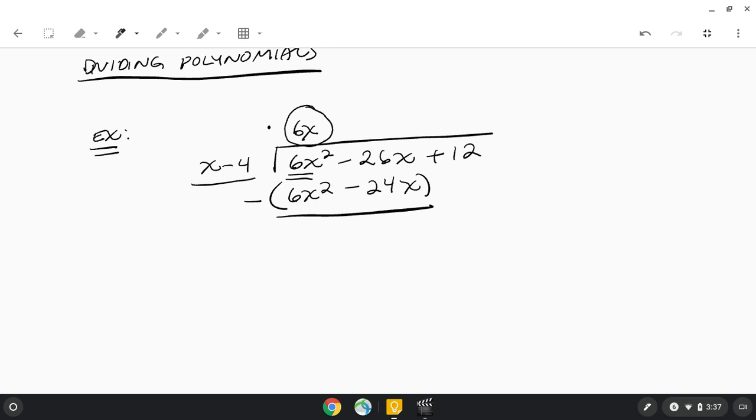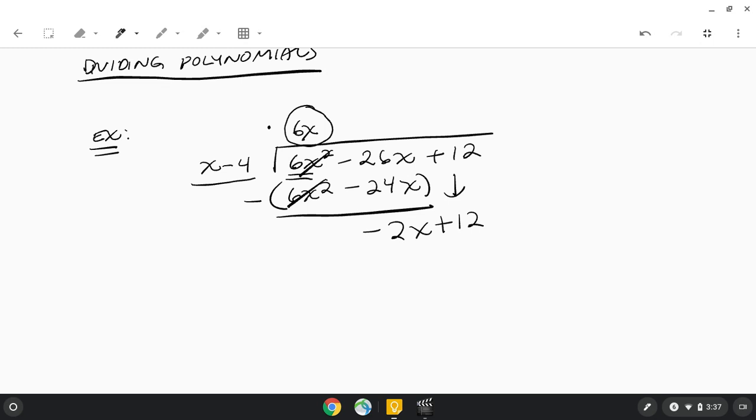So 6x squared minus 6x squared cancels out. This double negative becomes positive 24x. Positive 24x and negative 26x is going to give us negative 2x. And then I'm going to bring down this plus 12, just like in long division.